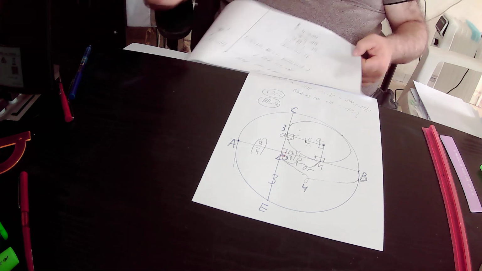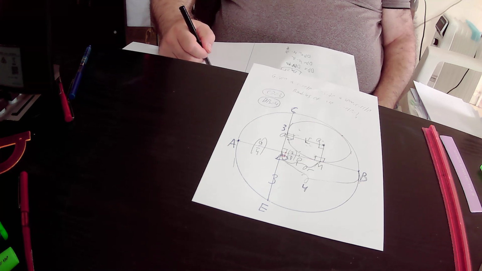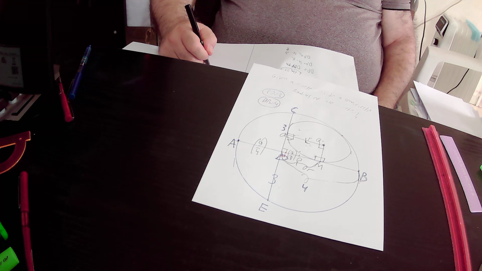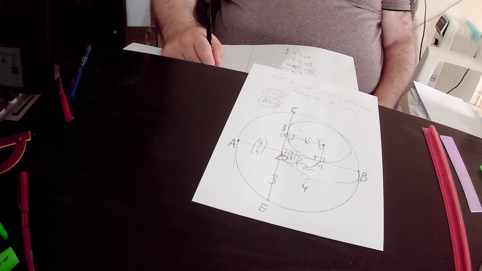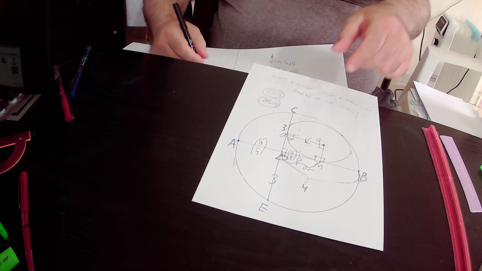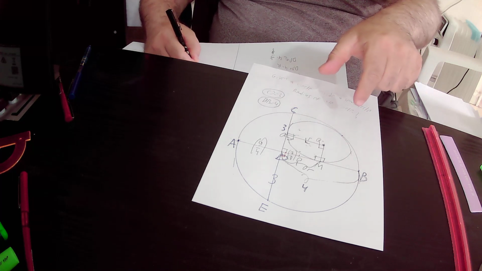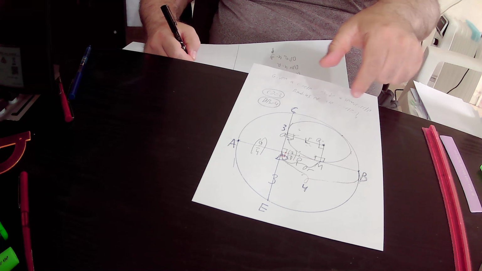Again, the length of that segment PM is equal to DM minus DP.